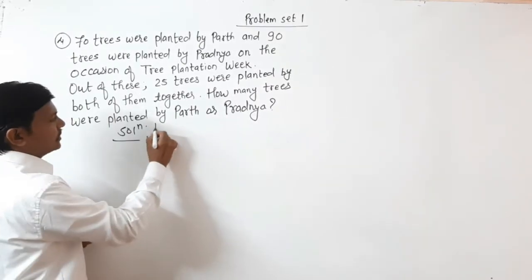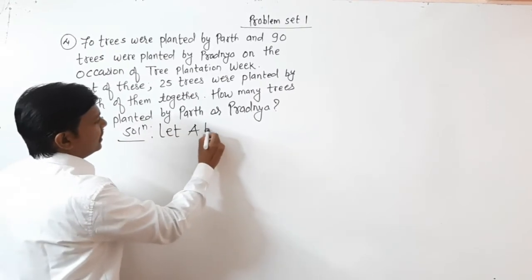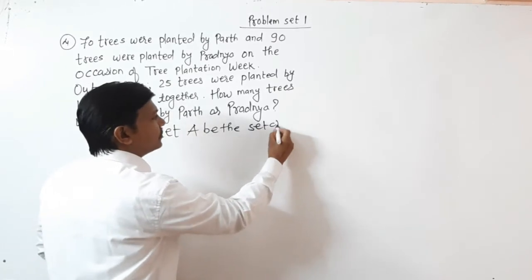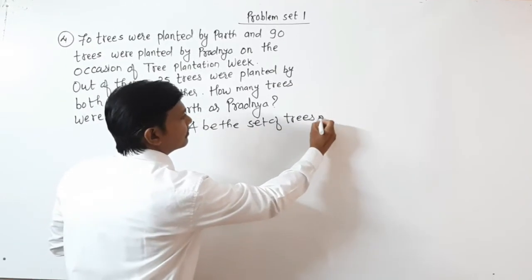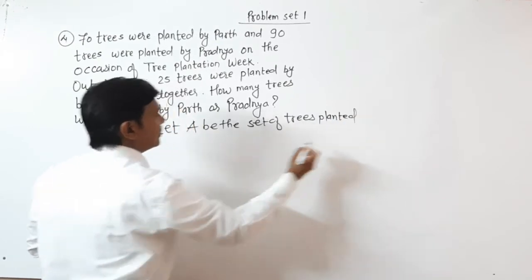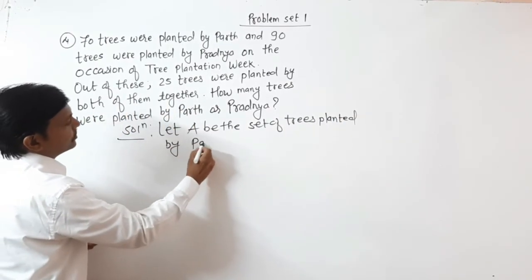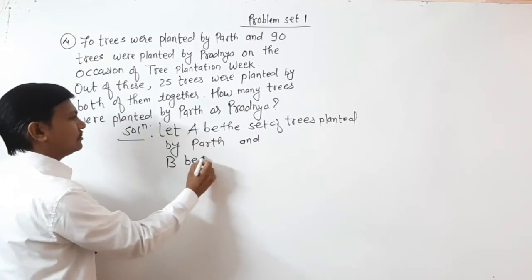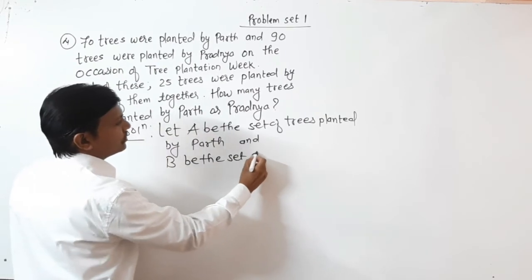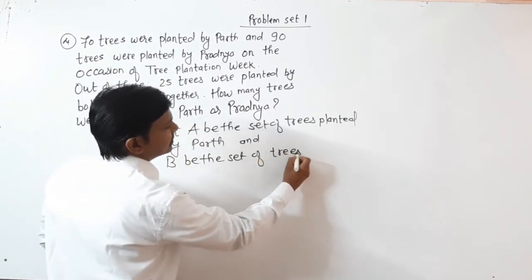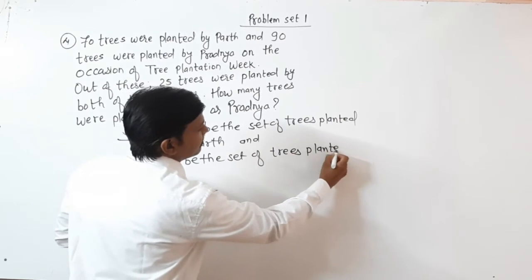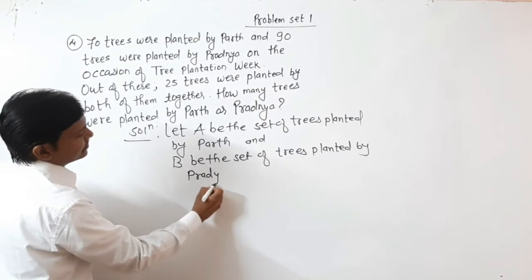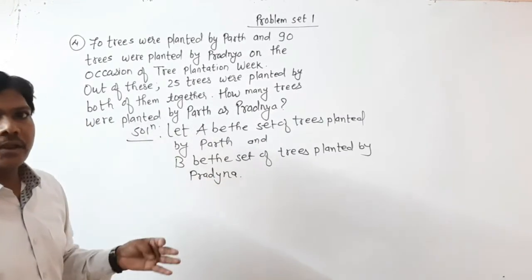First we consider, let A be the set of trees planted by Parth, and B be the set of trees planted by Pragya. Then write down the given.